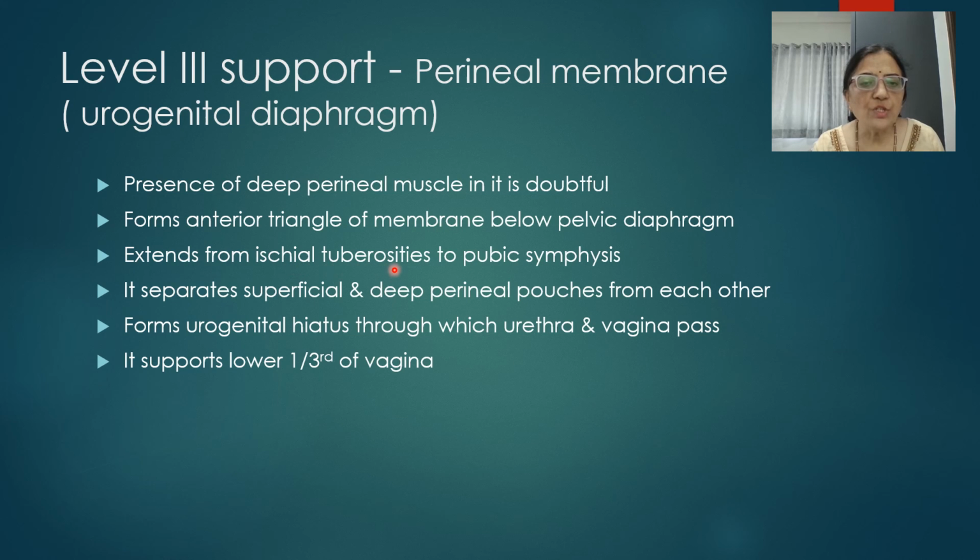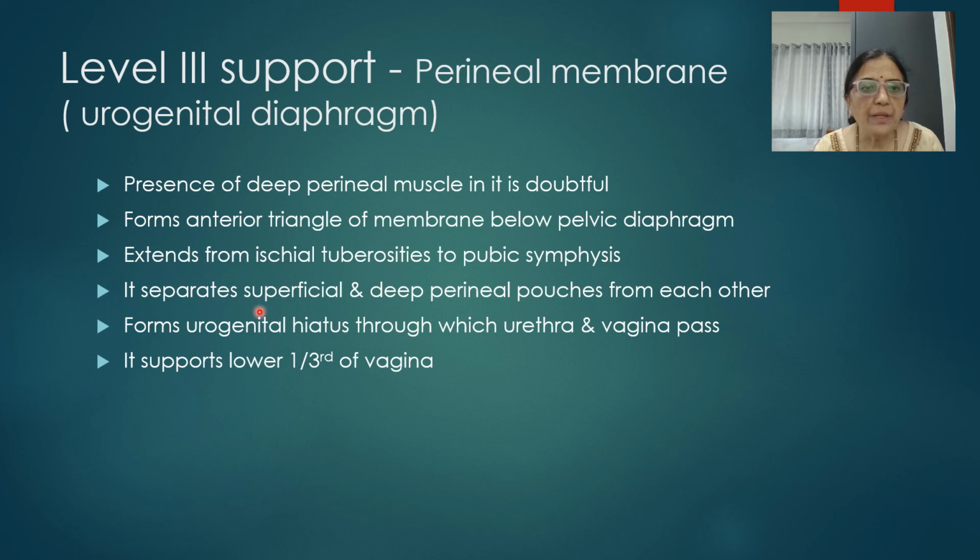It extends from ischial tuberosities to pubic symphysis. So imagine you are holding the pelvis in your hand, and there is a structure occupying the anterior triangle of the pelvic outlet, running from the ischial tuberosities to the pubic symphysis, and that is how it forms the anterior triangle, whereas the posterior triangle is called the anal triangle.